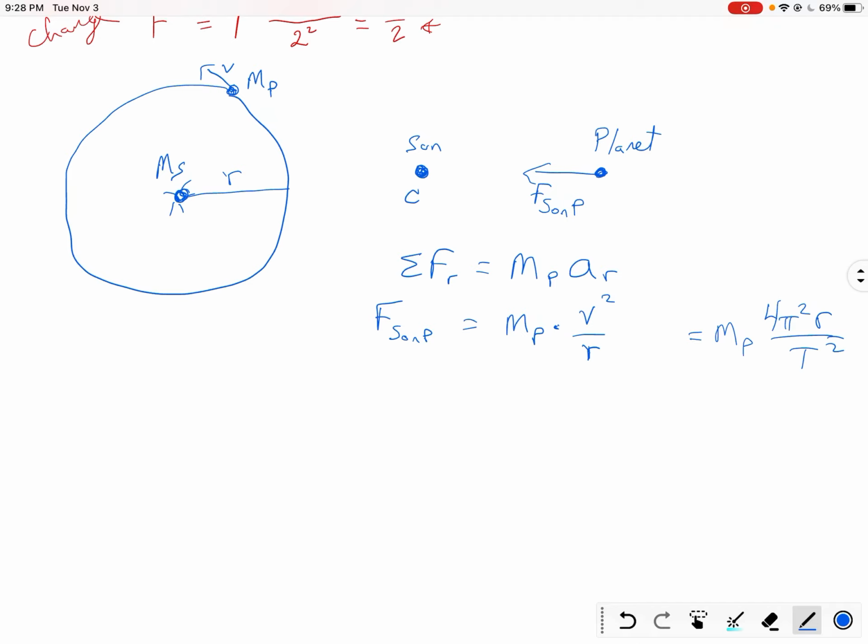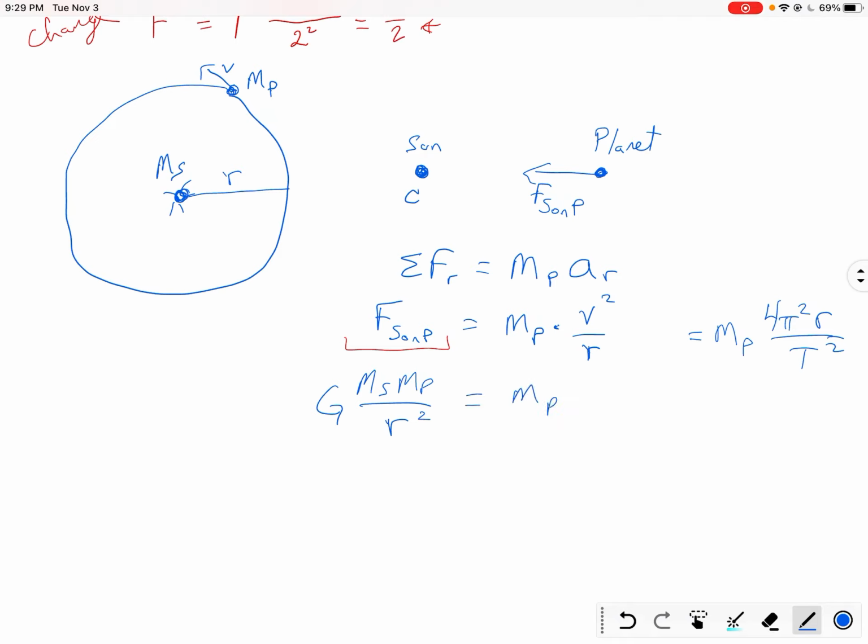But now we can express the left side of this equation. We know an expression for how big the force of the sun is on that planet. The force of the sun on the planet is this universal law of gravity. It's G, the mass of the sun, times the mass of the planet, over that radius, that distance between them, squared.